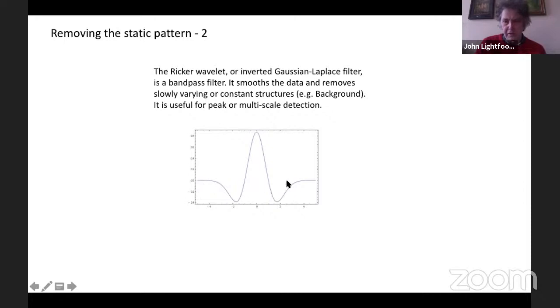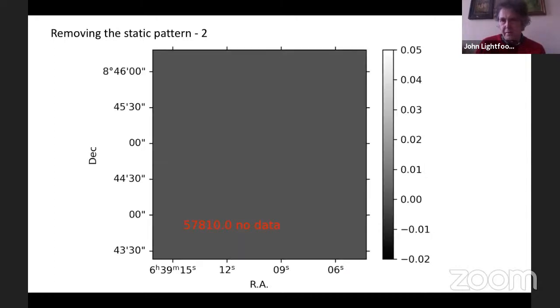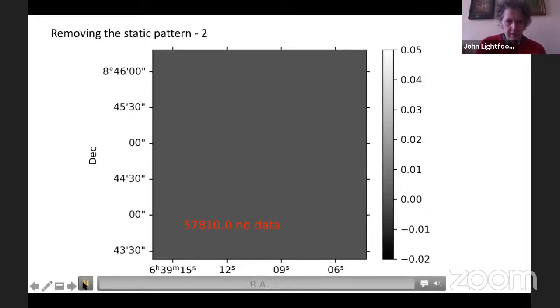If you convolve it with this waveform, then it takes out slowly varying structures like the static pattern and leaves in the high frequency structures, which are hopefully the variability that we're interested in. And what in fact happened was it took out the major shadow event, but left other things which were more subtle than that, which weren't really visible in my first effort. So it was worthwhile.